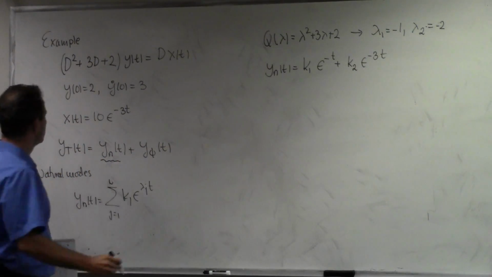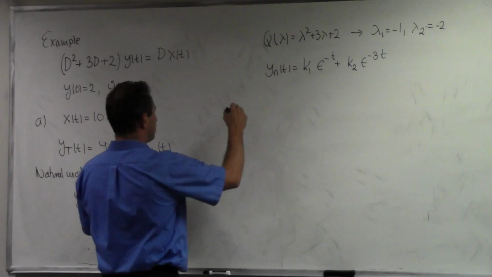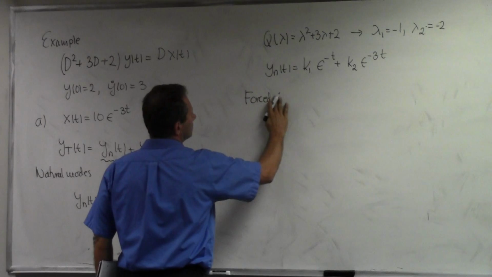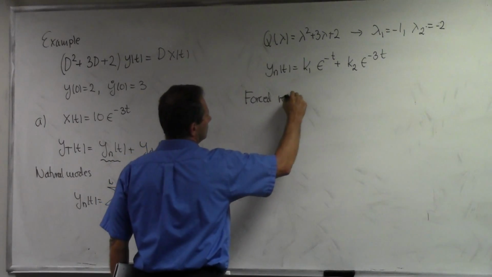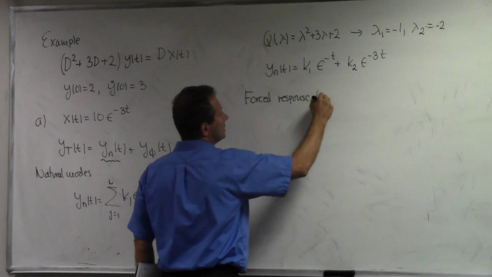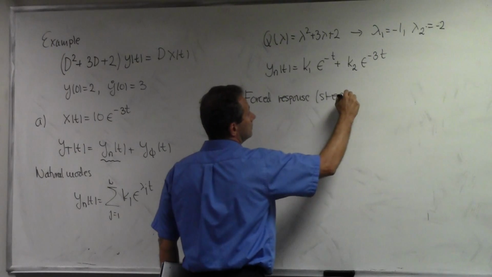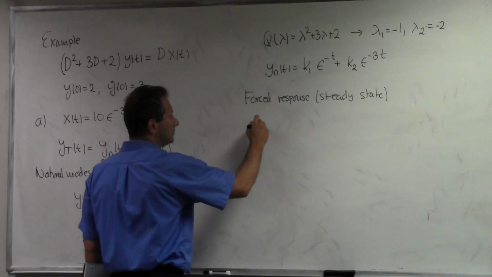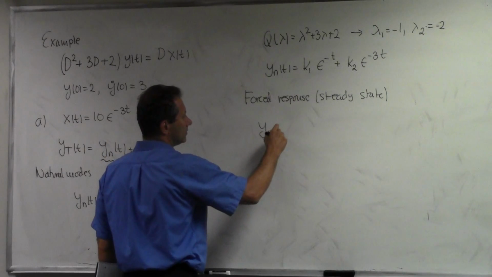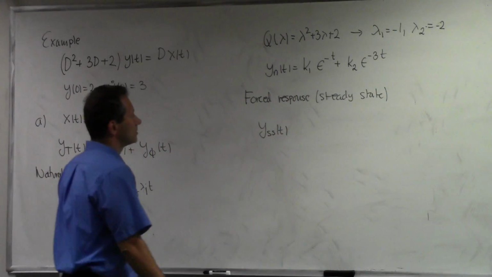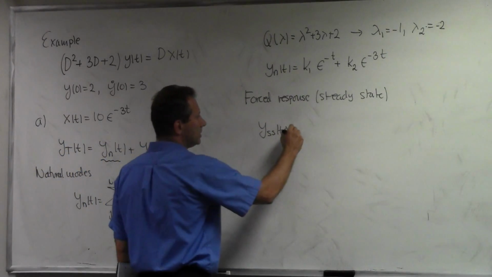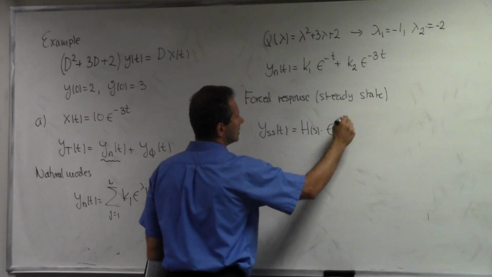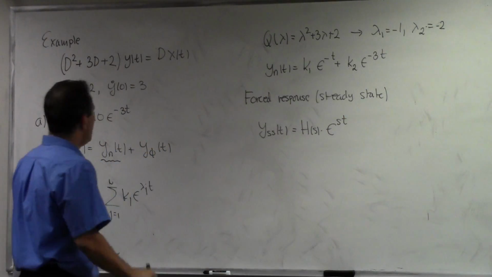How about my forced response, or steady state? I know in general that y steady state of t, if the input is exponential, is going to be H of s times e to the s t.